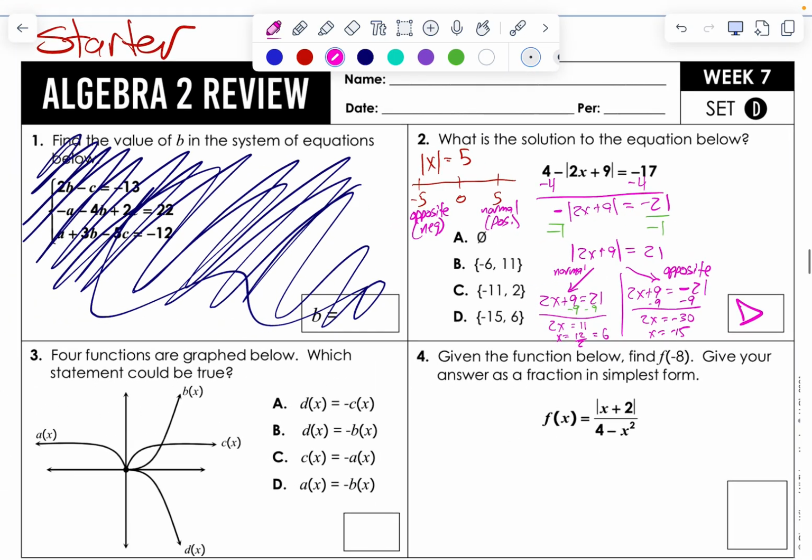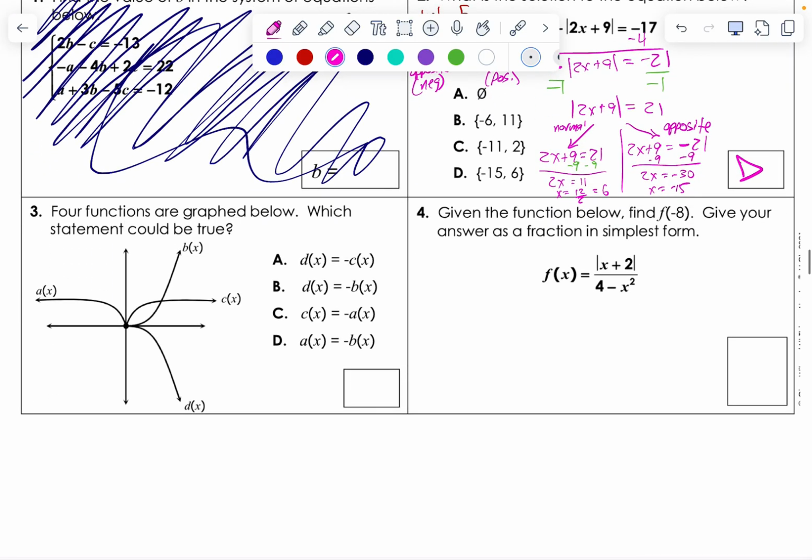Okay? Number 3, 4 functions are graphed. Which statement could be true? If you look at the theme of the equations or the statements, it's all just asking about which one is kind of the flipped version or the negative version of the given one. So we first look at D and C. Do those look like one's just the negative version?